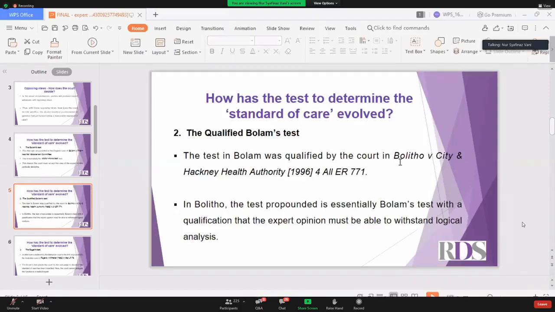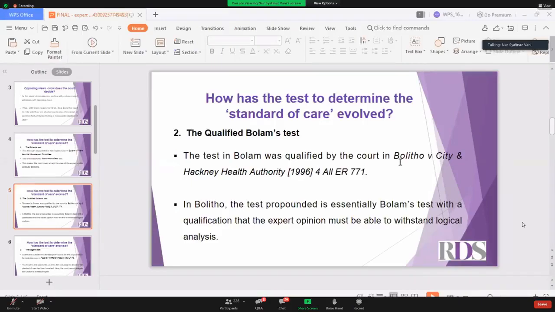Merely because Dr. A says this is what you should do, Dr. B says no, this is what you should do, and the defendant doctor opted to do one of them during that procedure, he cannot be said to be not negligent. He cannot be said to have actually reached the standard of care.